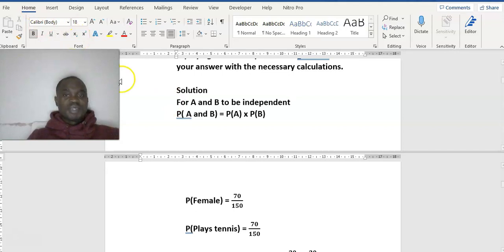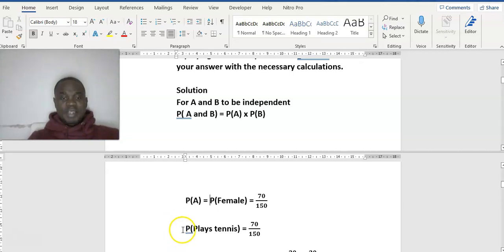For A and B to be independent, the probability of A and B should be equal to the probability of A times the probability of B. Let's call this the probability of A. The probability of female is the probability of A because female is a gender.